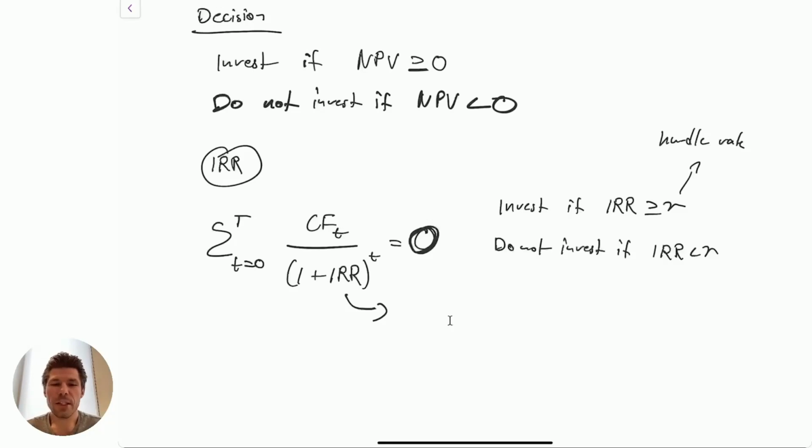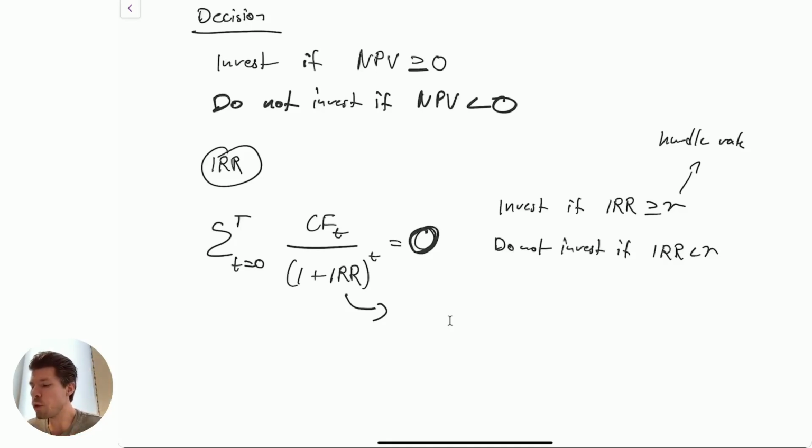This is what investors require for investing in this investment. If IRR is equal to R, the project is theoretically acceptable because it meets the required return with an NPV of 0. If it's higher, it's even better.